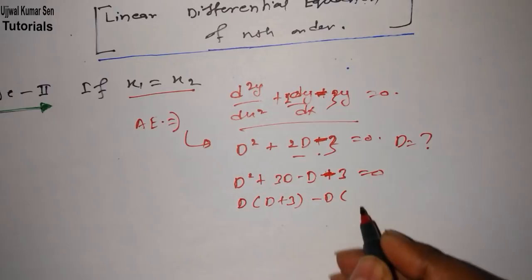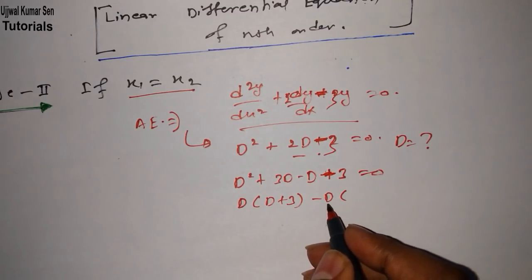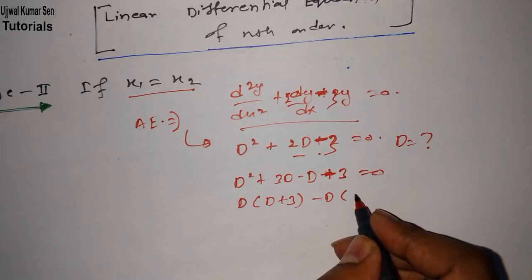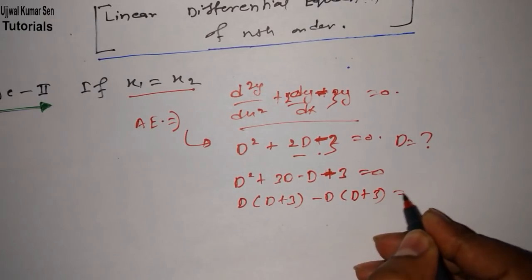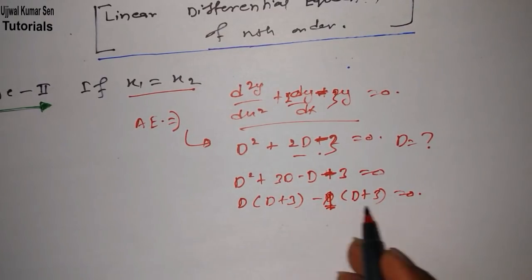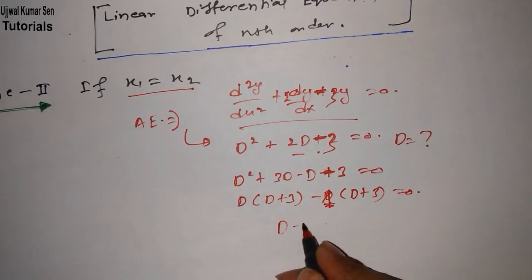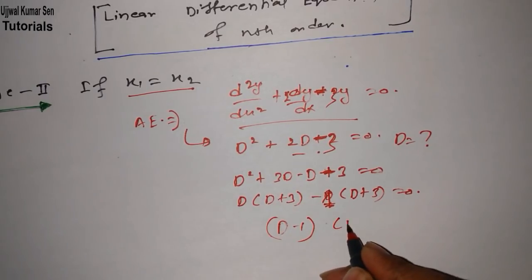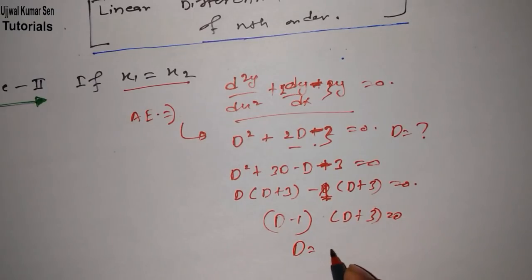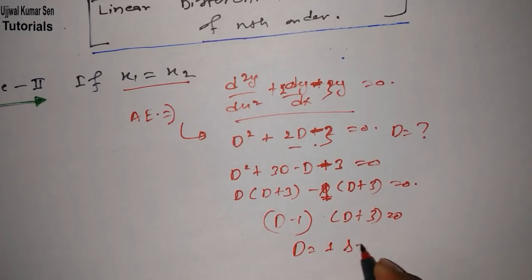If we take minus 1 common here, then we'll have d plus 3. So d minus 1 and d plus 3 is equal to 0. So what values are we getting? d is equal to 1 and minus 3.